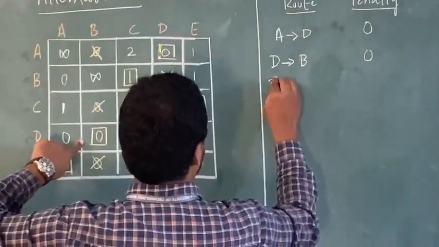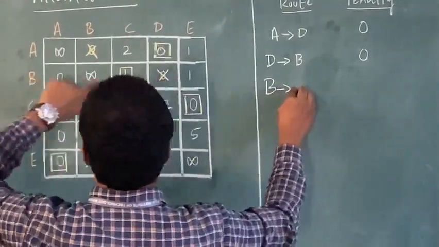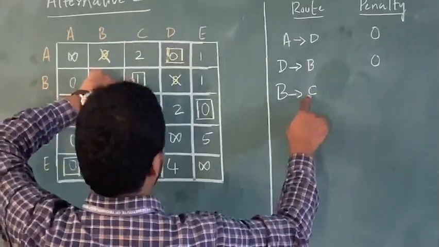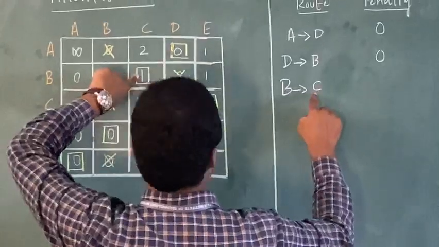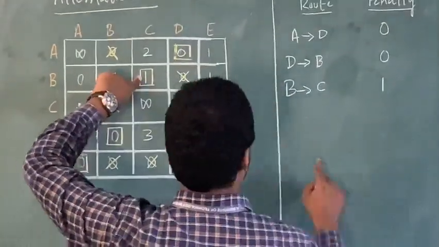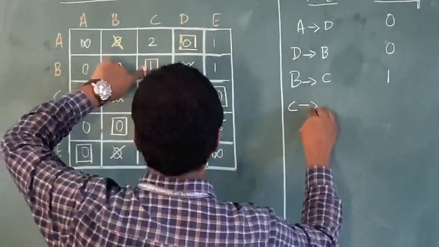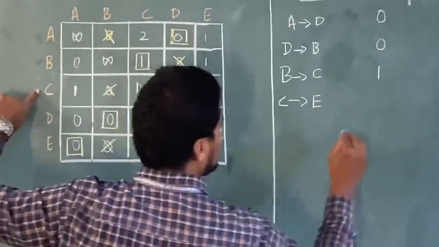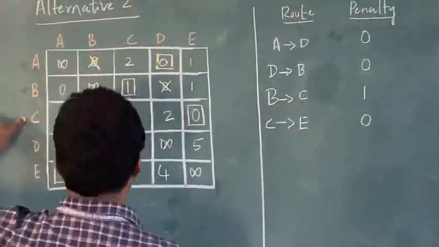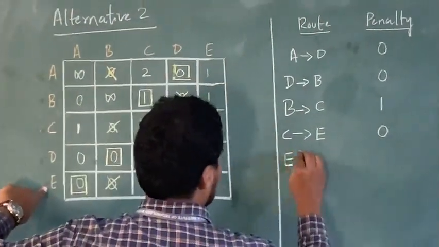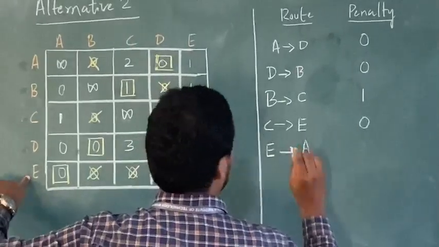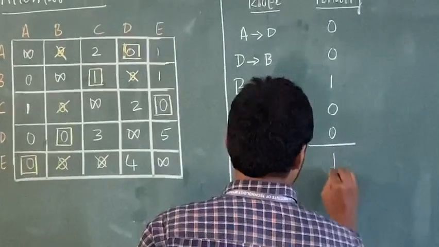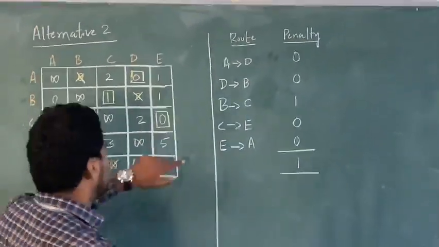Again from B we went to city C; you can go to city C or city E, and for city C the penalty was 1. Again from C we went to city E, the penalty is 0. Again from E we went to city A, the penalty is 0. If you add this, we get the penalty as 1.